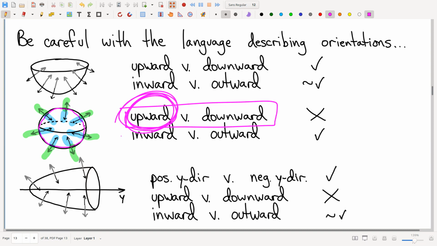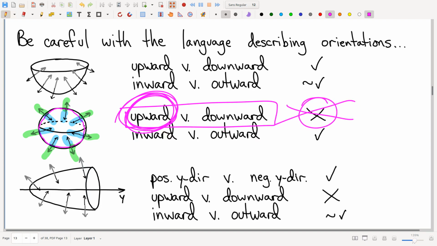Is the green one upward? I mean, they're pointing upward along in here. Well, yeah, but they're pointing downward along in here. And worse, some of the blue vectors point upward too, right? So upward does not clarify. This is majorly ambiguous. And so this is a bad choice of words.